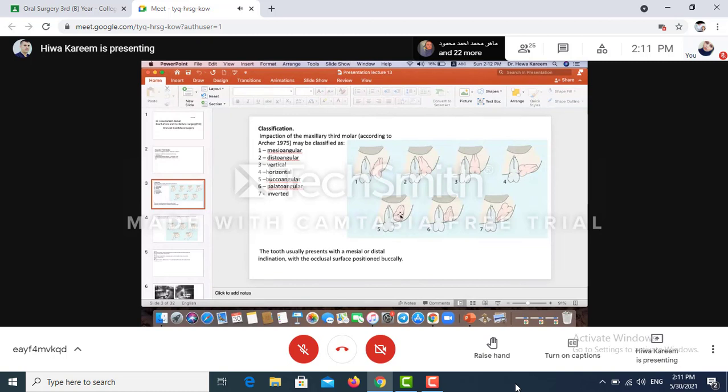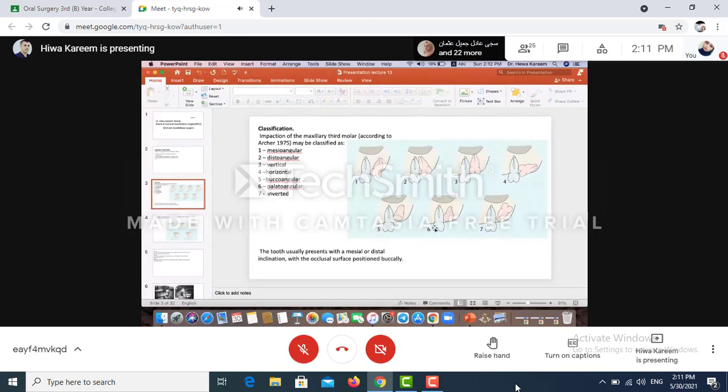And this one, palatoangular, the crown of the impacted third molar faces palatally and the root faces buccally. And the last one, inverted, not classified according to these criteria.